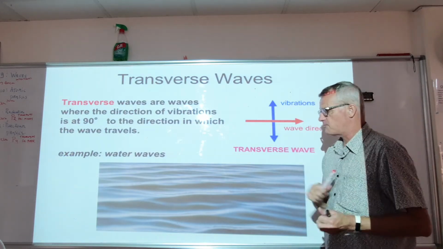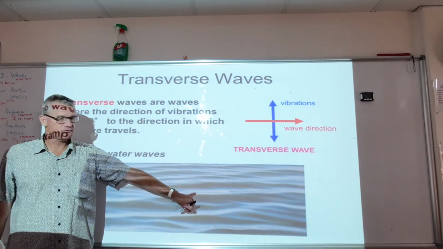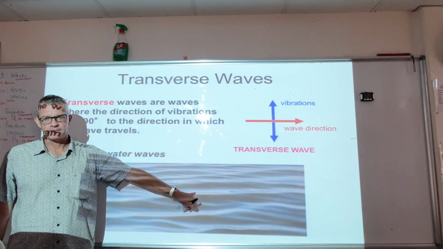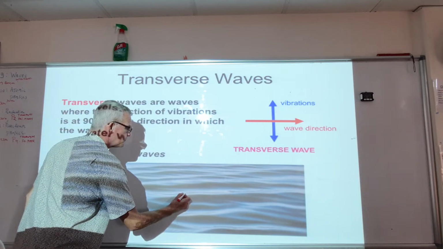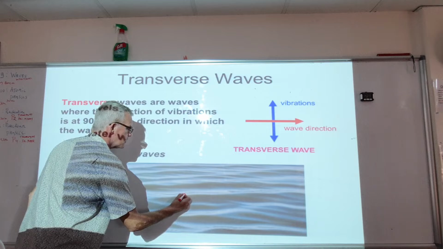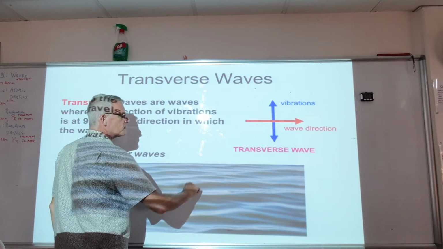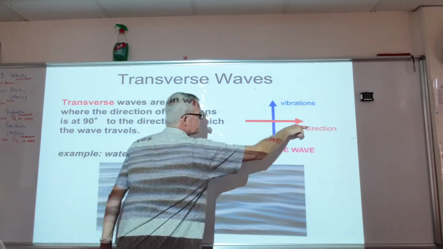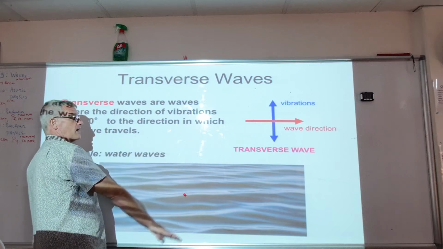Now, if I would put here a cork and I would look at the transverse waves, and here is my cork. The cork is not going to move in the direction of the wave, but the cork is moving up and down.